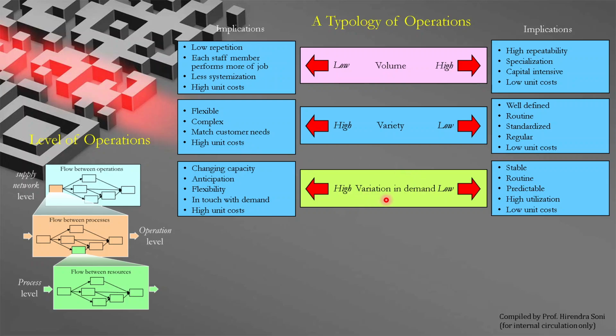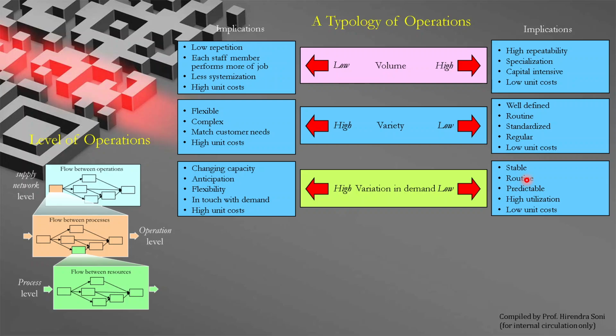When we talk about variation in demand, if it is low, that means the demand is very much fixed. For example, a product like salt: irrespective of changes in the environment, the demand for those kinds of products doesn't change.